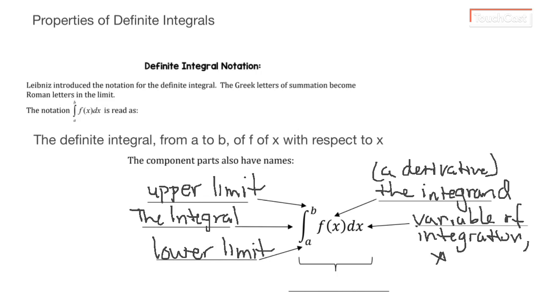The entire thing, all of that, we call the definite integral.